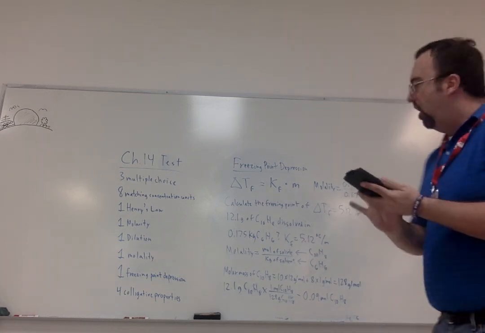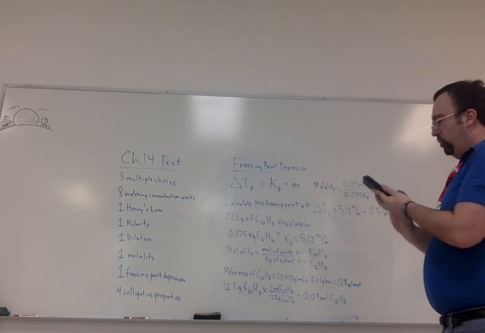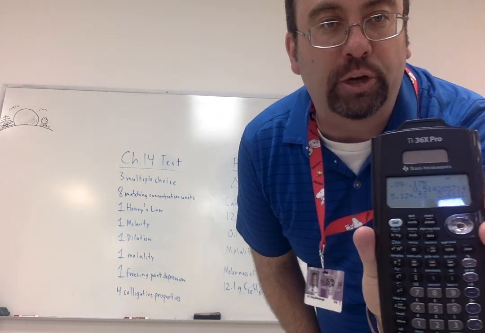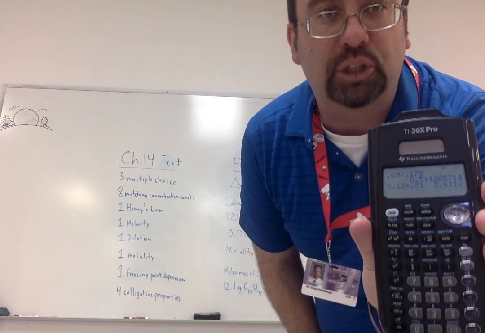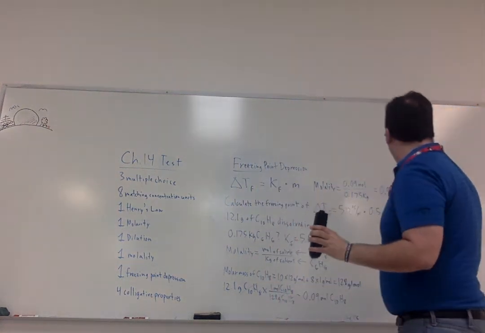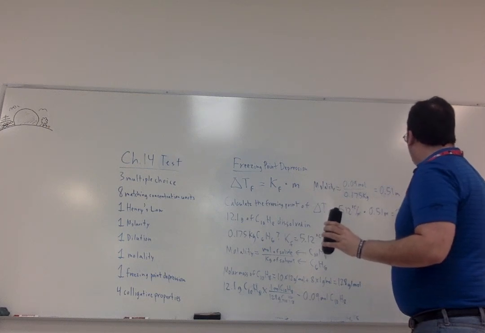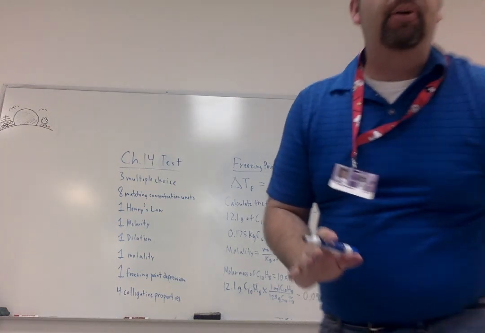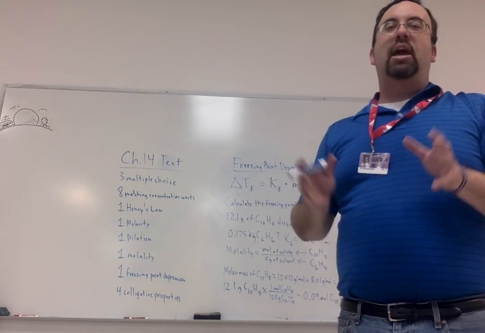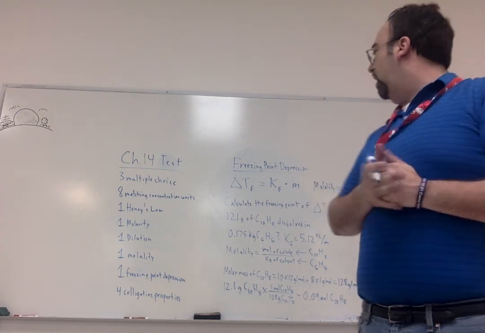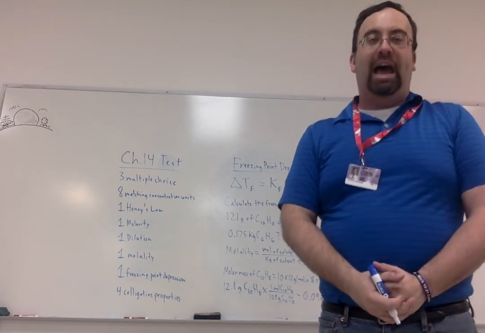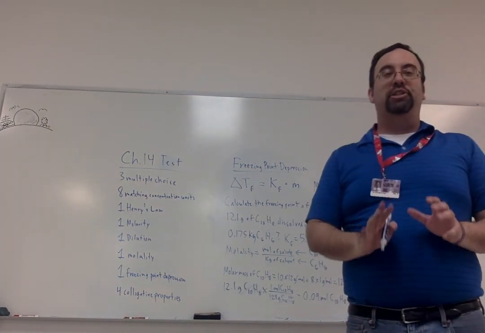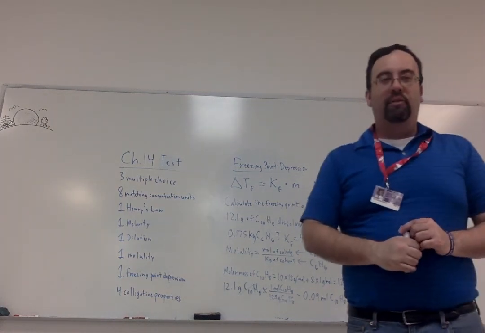So finally, our problem, 5.12 times 0.51, and so we end up seeing that the temperature is going to drop roughly 2.6 degrees Celsius. All right. So what this means, if we look up in the table what the freezing point for this naphthalene is, we would have to subtract 2.6, and that would give us the new freezing point. And so this, again, is an example of a freezing point depression.